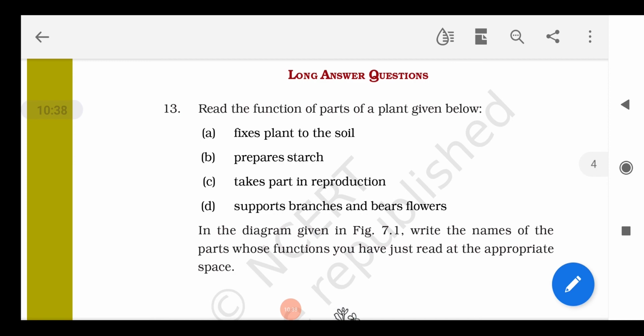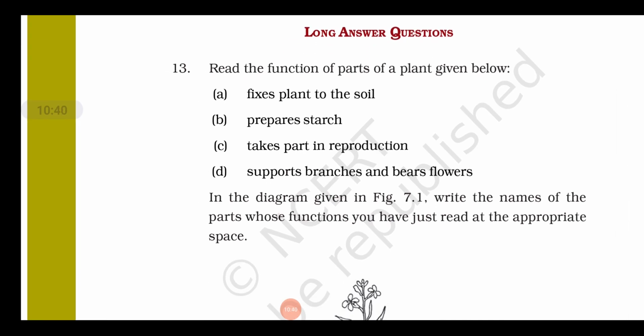Question number 13. Read the functions of plant given below. A. Fix plant to the soil. Now next is prepare starch, take part in reproduction, support branches and bear flower. Now in the diagram we have to write the names of the part whose function you have just read.